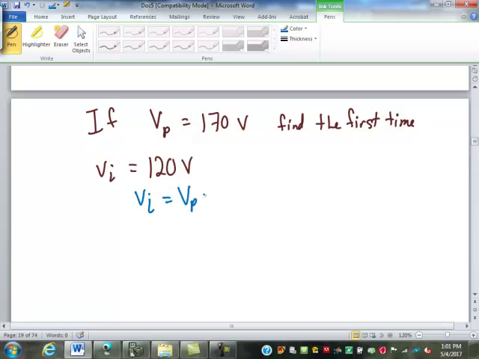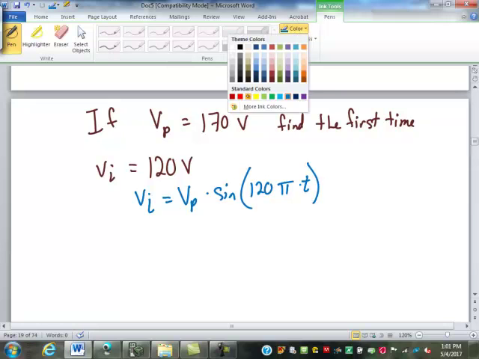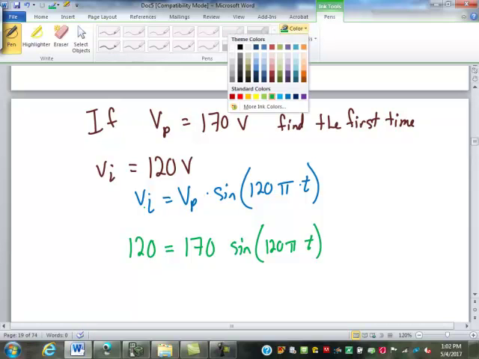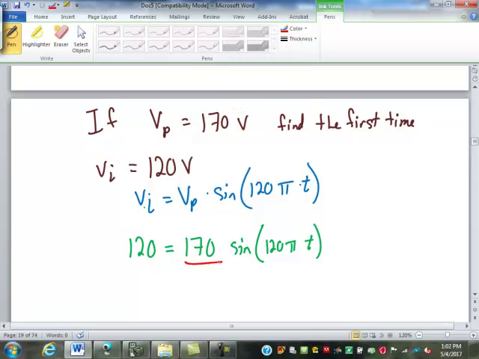VI equals VP sine. Now we're going to assume the 60 hertz again. So we're back to 120 pi here times T. And what we're going to put in there, the instantaneous voltage is 120 volts. Peak voltage is 170. So times sine of 120 pi T. So the first thing we have to do is divide by 170.